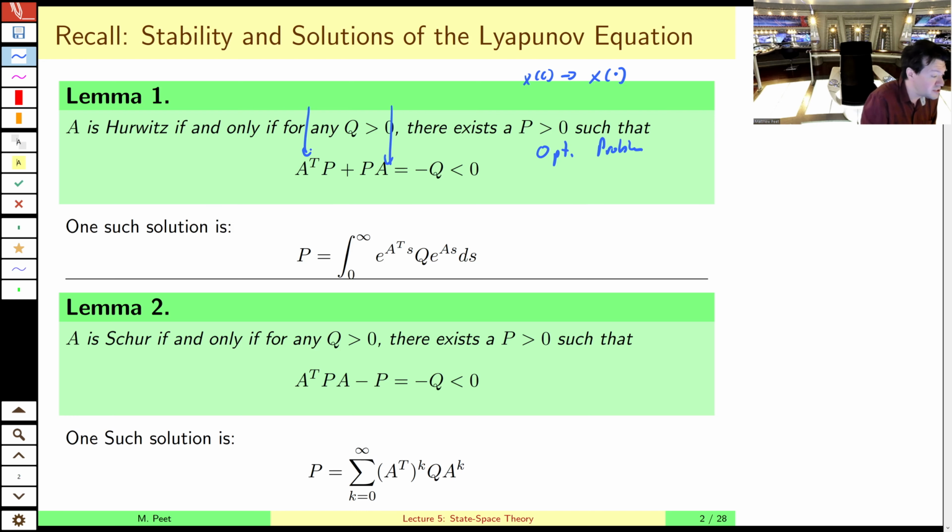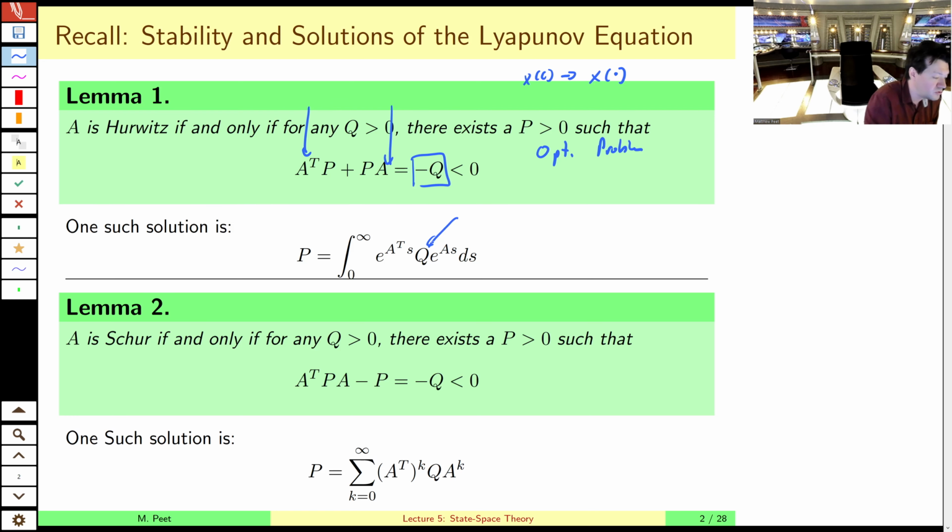And the solution to this Lyapunov function, well, we want it to be negative definite, but we can just say strictly less than 0, it has to be definite in some sense. So the solution, A transpose P plus PA equals negative Q. Well, Q gives us the core of this Lyapunov function.